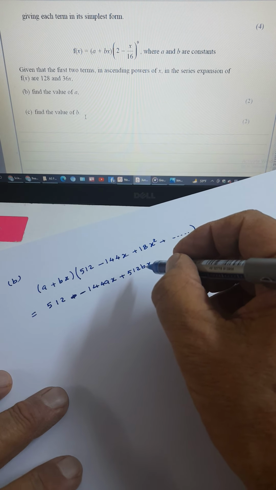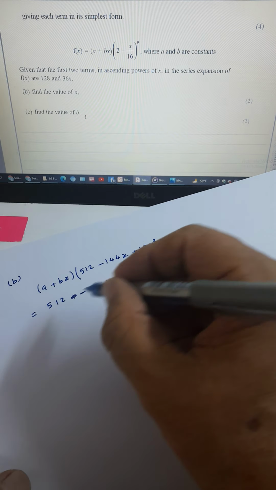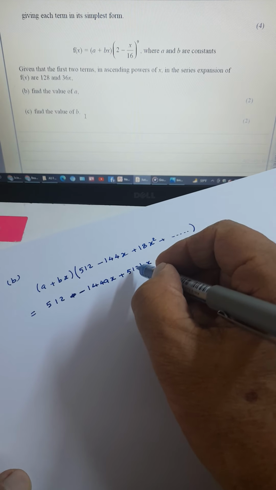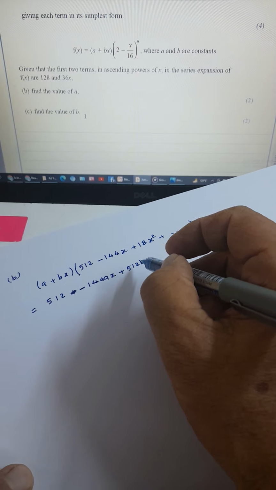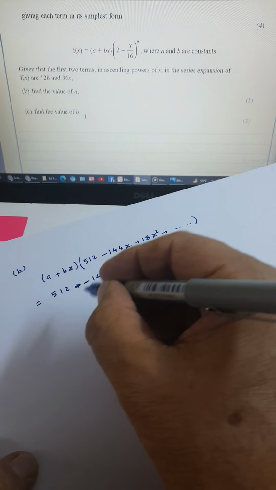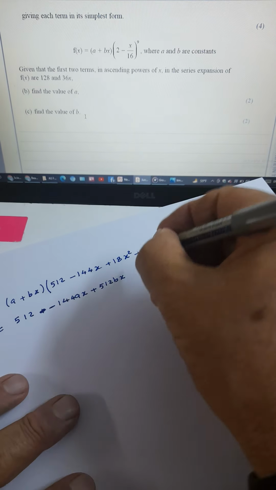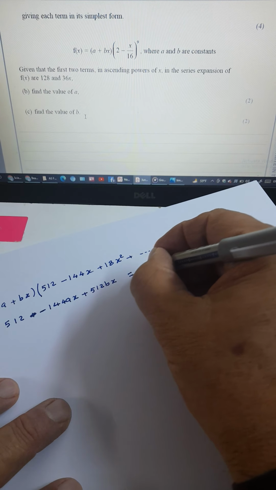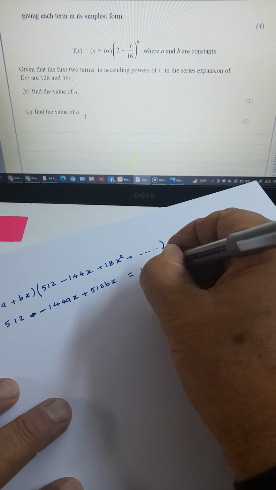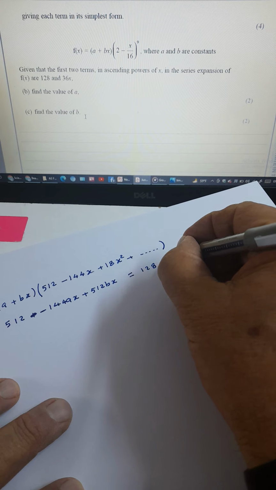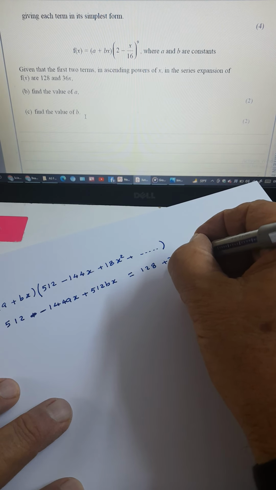So we need the factors in which a constant and the factor in which the power of x is 1. Now this equals 128 plus 36x.